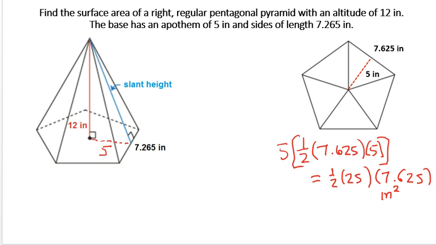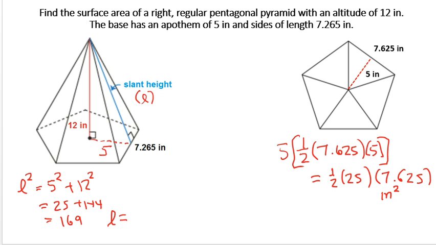The slant height, which I'll call L: L squared equals, in this right triangle, one leg squared, 5 squared, plus 12 squared. That equals 25 plus 144, which equals 169. So L, the slant height of each of these triangles, equals the square root of 169, which equals 13.